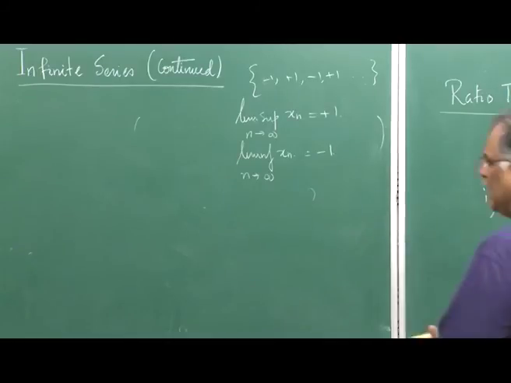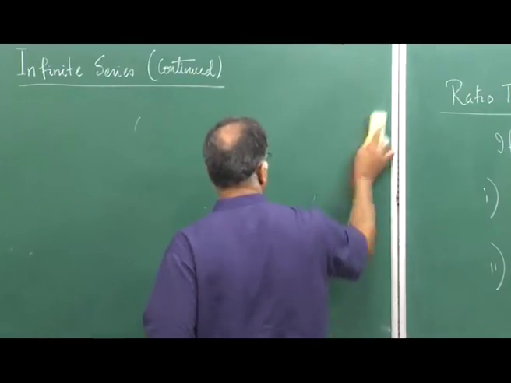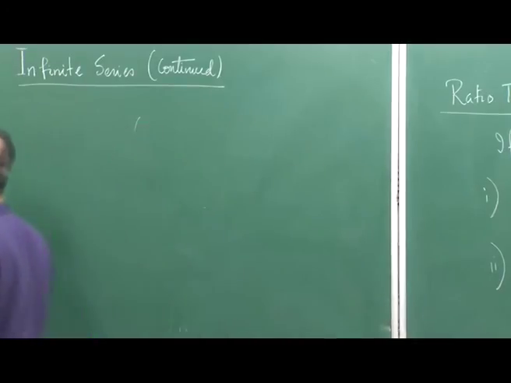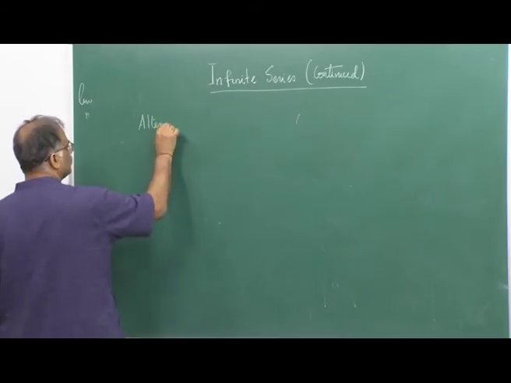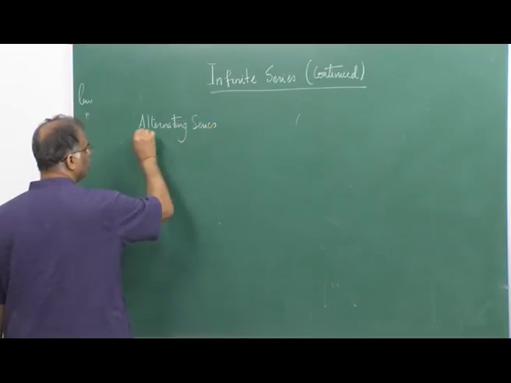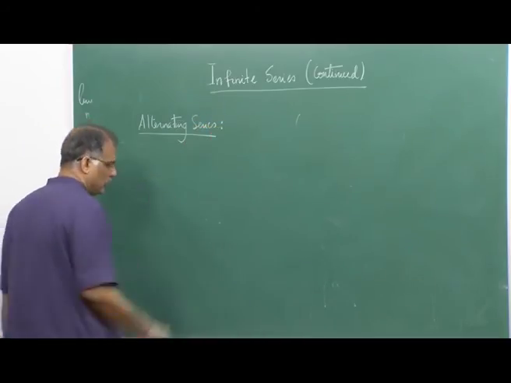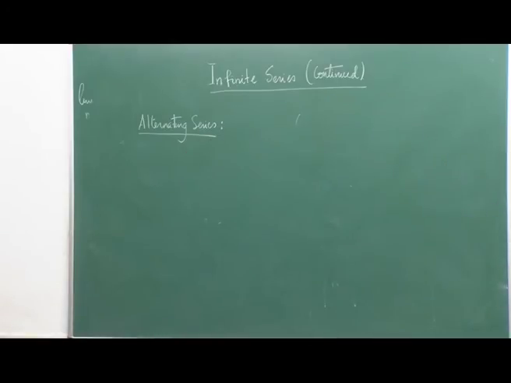So, let me write down now Leibniz's theorem for alternating series. What is an alternating series? Let me write it down. The proof will be on the board. This proof will not be told in the class, we hardly have time now.